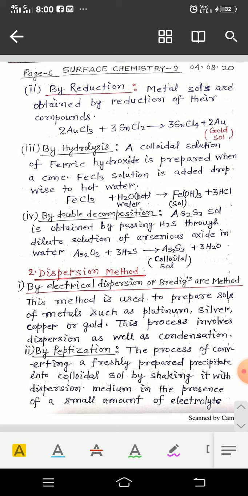I will teach you some definitions, the emulsifying agent, and methods of coagulation of lyophobic sols. Coagulation is just the reverse of peptization. Next day I will teach you in the next class.